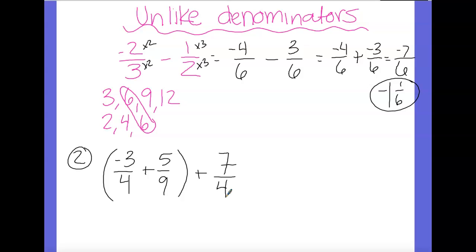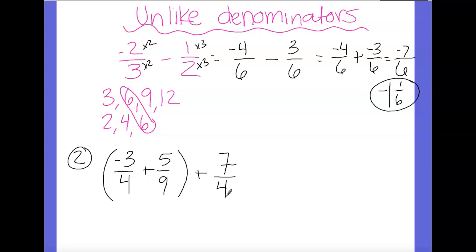Typically, we want to do parentheses, right? But we have these properties that we can move stuff when we add, right? Yeah. Okay? So what could I move to make it easier for myself, Connor? So you want me to switch those two around?